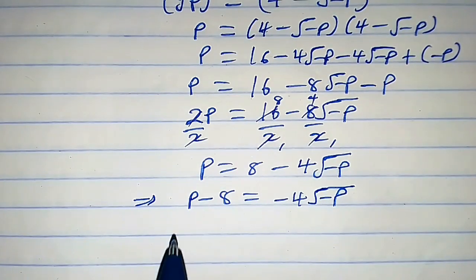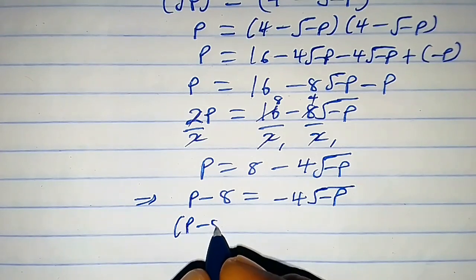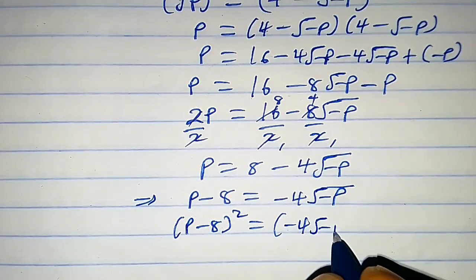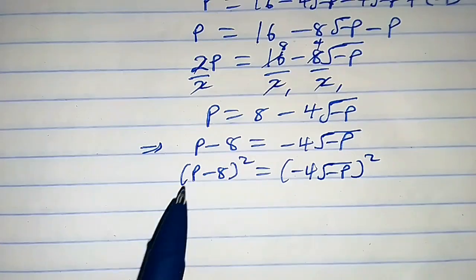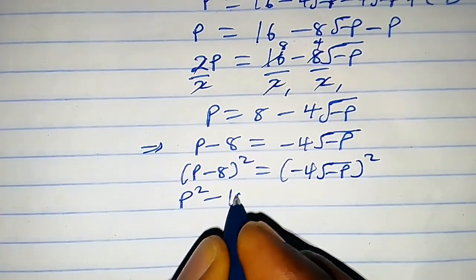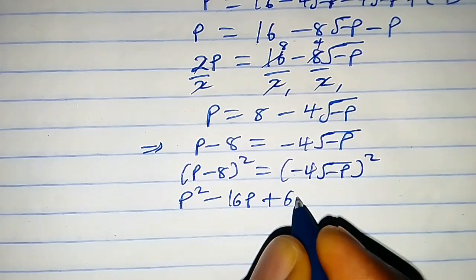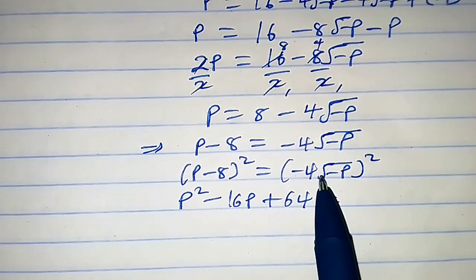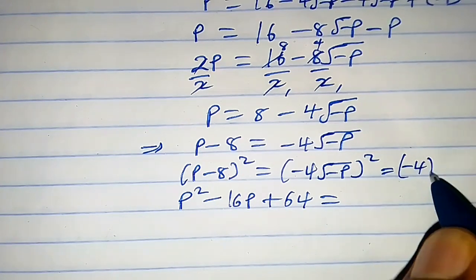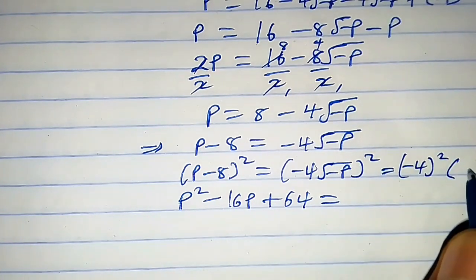So let's take a square of both sides. We're going to have p minus 8 all squared equals minus 4 times square root of minus p all squared. When we expand this left hand side, we're going to obtain p squared minus 16p plus 64, which is equal to, this can be written as minus 4 all squared times square root of minus p all squared.